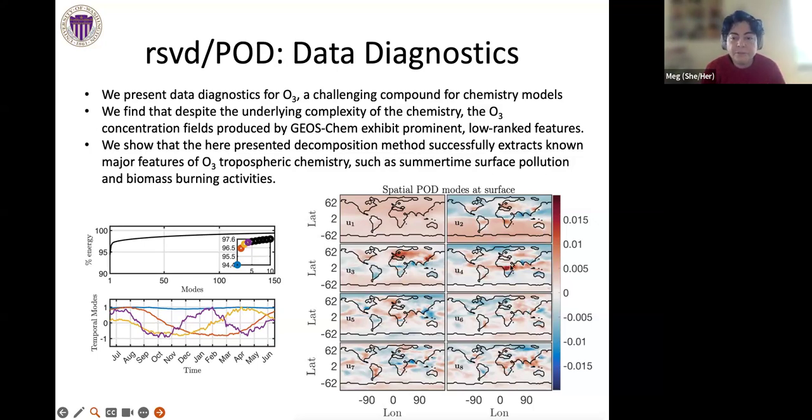The most dominant feature of mode 4, for example, is the pattern over Africa, and this purple line has peaks around July, August, and January, February, and this corresponds to known biomass burning activity in Africa during those 2 seasons. And so we show here that the randomized decomposition method successfully extracts the major features of the ozone tropospheric chemistry.